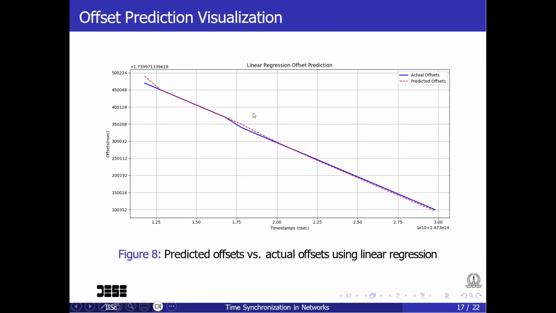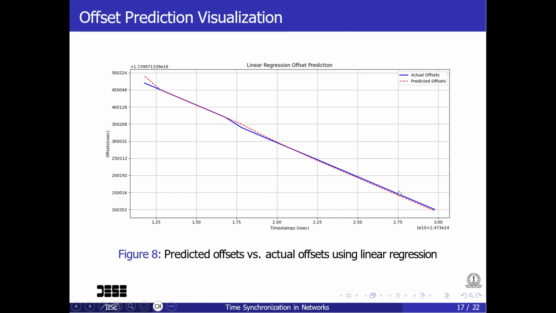This is the graph that I got, with actual offsets in blue color. At the starting you can see the predicted offset is somewhat not aligned with the blue line, but after some time it aligns with the blue line.